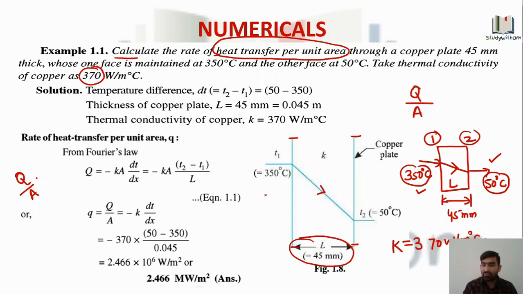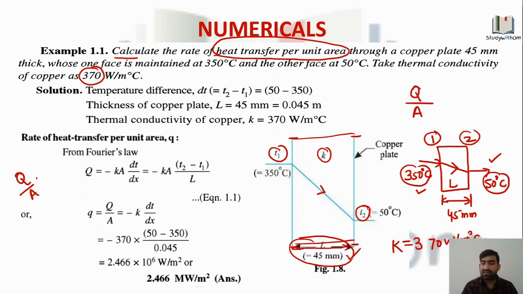So in the question, the temperature of one wall, the temperature of another wall, that is T1 and T2, the thermal conductivity of the copper plate, and the thickness or length of the wall, 45 millimeter, are given.